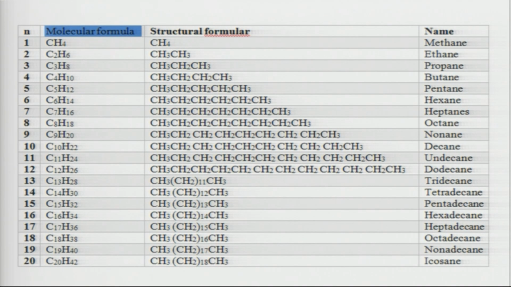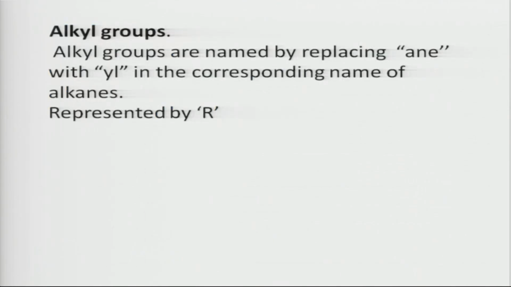Here we have tried to represent our structures in a simplified way, where we have the CH2s put together such that they can fit on our table. So quickly, we are going to talk about alkyl groups.